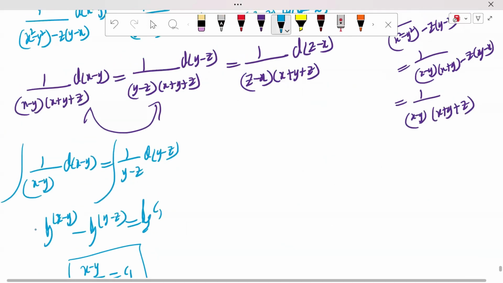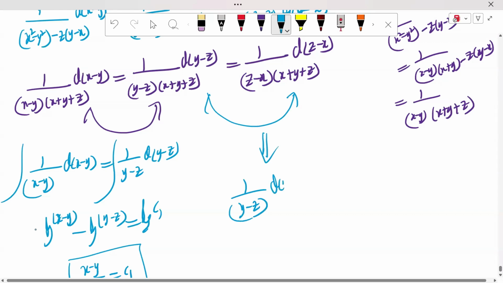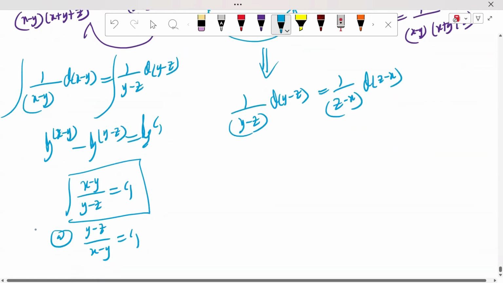We can utilize these two fractions, yz and zx. For example, these two fractions are equal, so 1 upon y minus z into d of y minus z equals 1 upon z minus x into d of z minus x. Integrating on both sides, logarithm y minus z minus logarithm z minus x equals log c2.